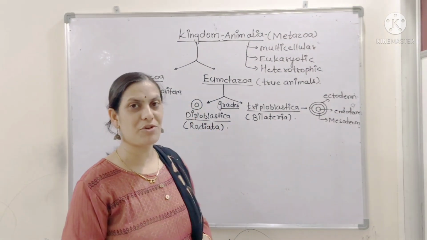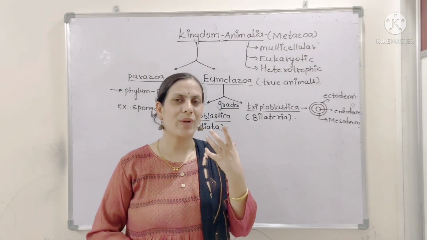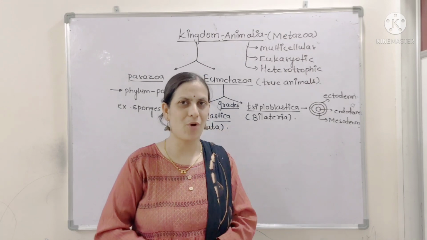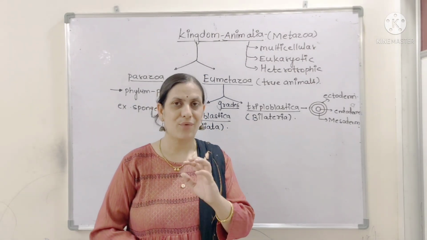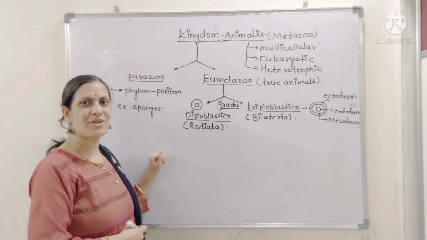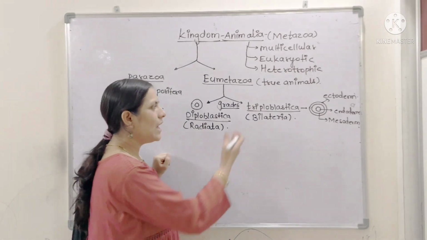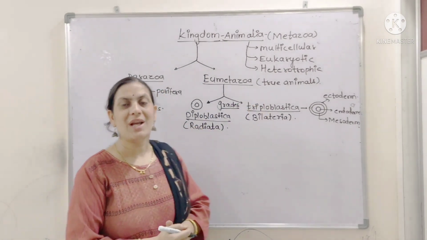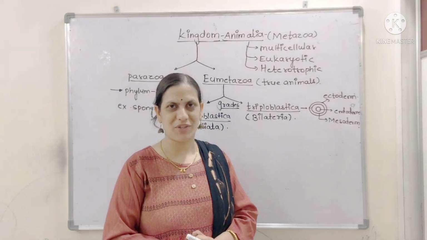What is radial symmetry? As you know, when more than one way is there to get exactly two equal halves of the body, then you could call that symmetry radial symmetry. So radial symmetry is the principal type of symmetry present in all the diploblastic animals, and bilateral symmetry is the principal type present in all the triploblastic animals.